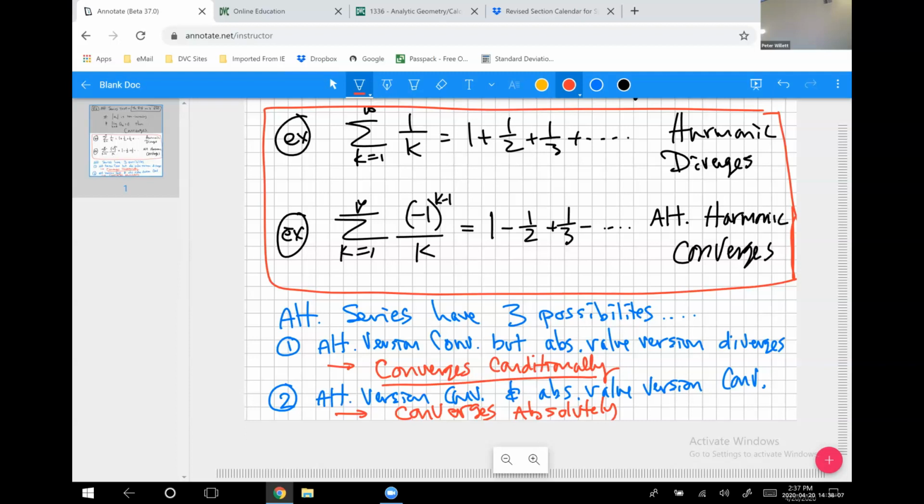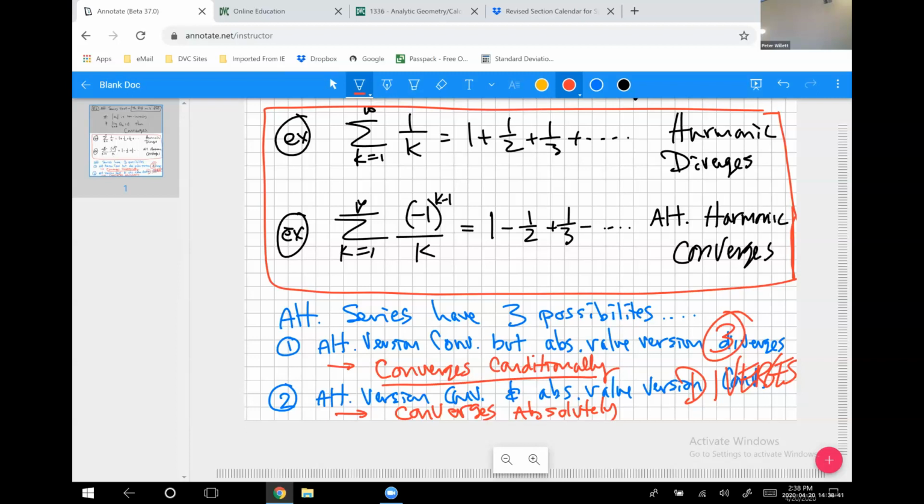And so then, since I'm sort of out of space, number 3 is when you have an alternating series that diverges instead of converging. So there's three possibilities. First, that the alternating series just diverges. It never settles on a value. And then the other 2 possibilities are both where the alternating version converges, but the absolute value version either converges or diverges.